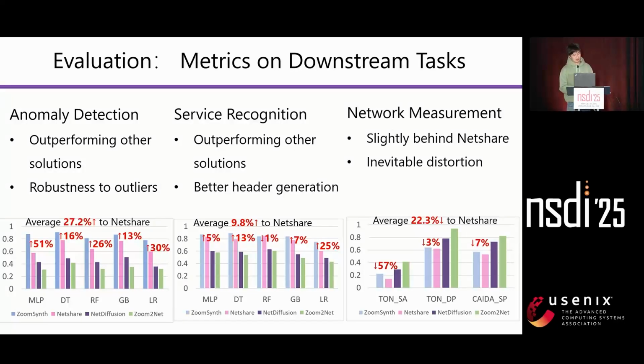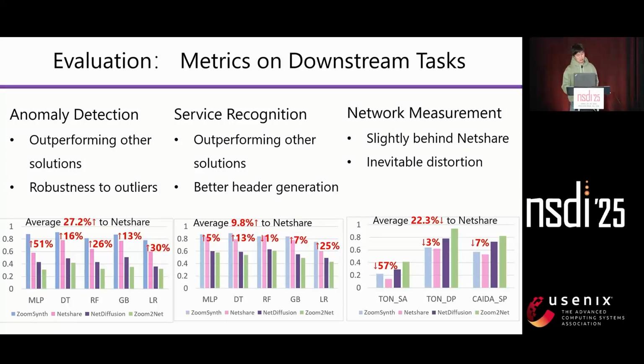And on 3 downstream tasks, ZOOMSYNTH also performs well in anomaly detection and service recognition. We train classifiers on generated traffic and test them on real data. ZOOMSYNTH achieves 27.2% improvement over NetShare in anomaly detection because of the robustness to outliers, and 9.8% improvement over NetShare in service recognition because of the better header generation.